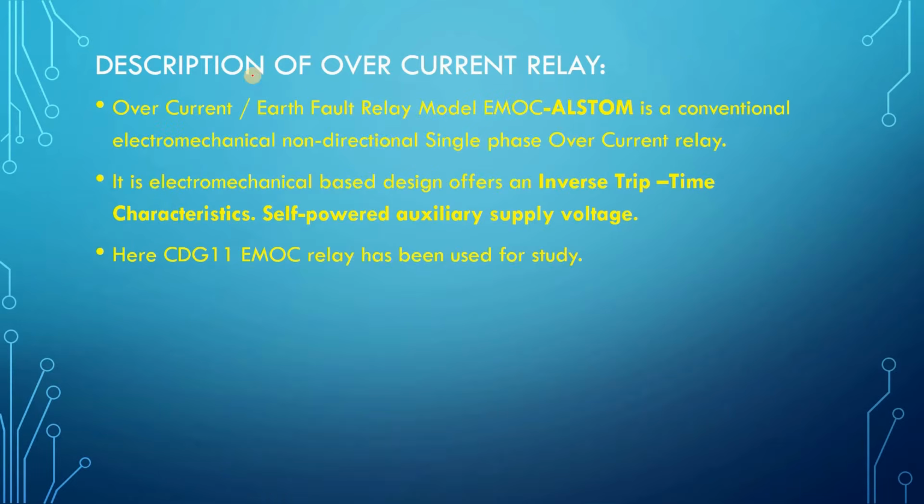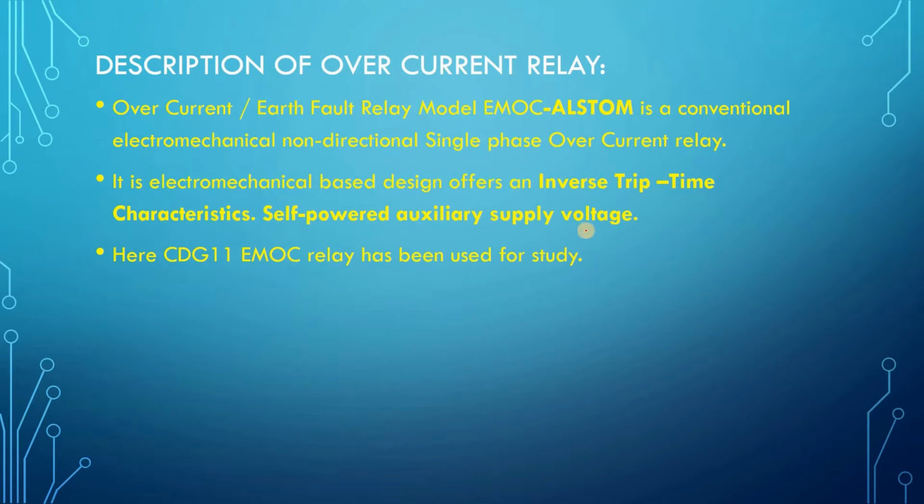Next, which relay are we going to use in this experiment? That is the CDG11AF relay. This is a standard relay manufactured by Alstom, and it has an inverse trip time characteristic, and it doesn't need any auxiliary power supply.